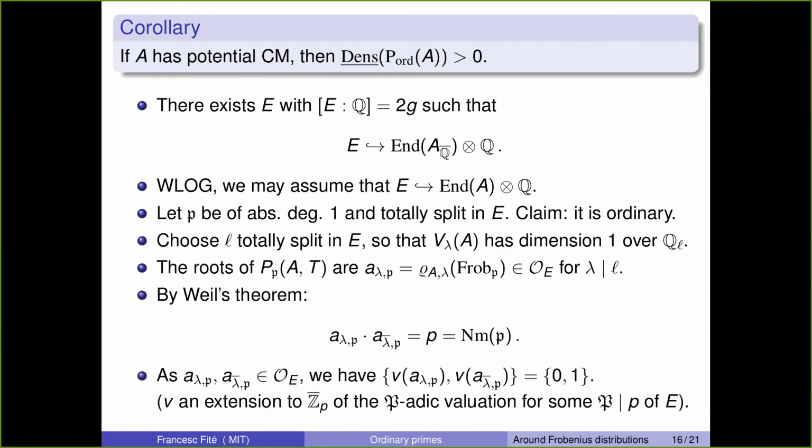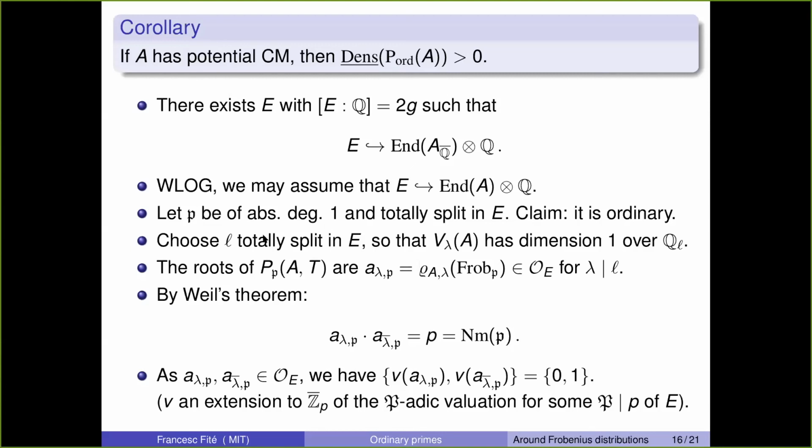Well, one has to choose well the prime L that will lead us to consider the spaces V lambda. And by choosing well this prime, I mean choosing it totally split in E. And why is that the good choice? Well, I told you that these V lambdas have dimension 2g divided by the degree of E as a vector space over E lambda. So they have dimension 1 over E lambda.